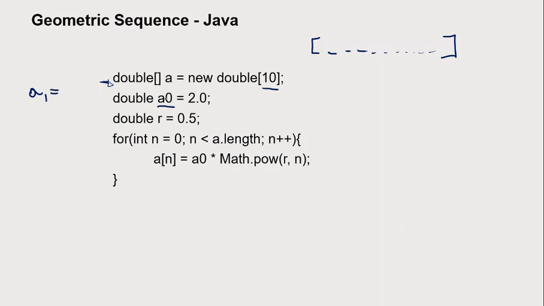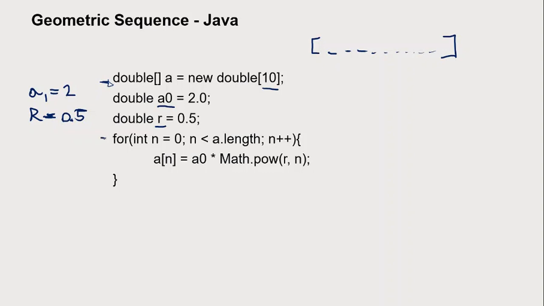Remember, we refer to it with a 0 when it comes to programming and computing applications. So my a1 is 2. My r, the ratio, is 0.5. So I should anticipate that my GP will be converging to 0, as explained on the previous page.